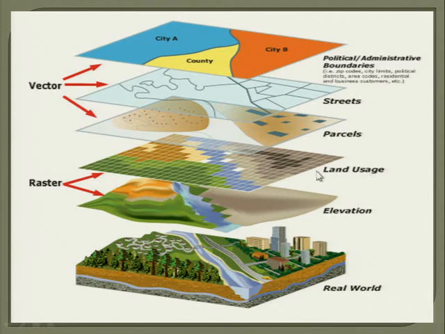Then you have the land usage. What was that land used for? Then you've got your parcels. Then you've got your streets. Then you've got the political divisions or boundaries that it divides.